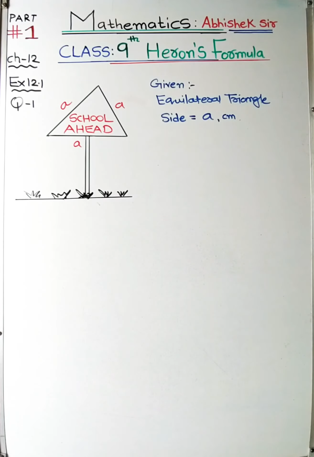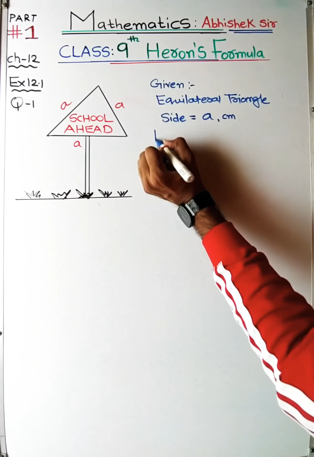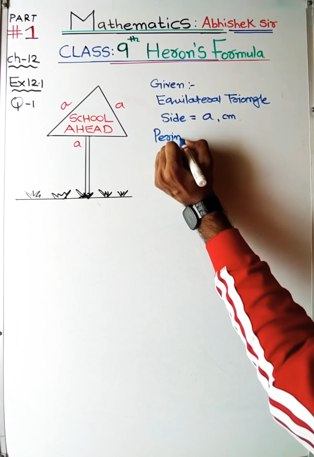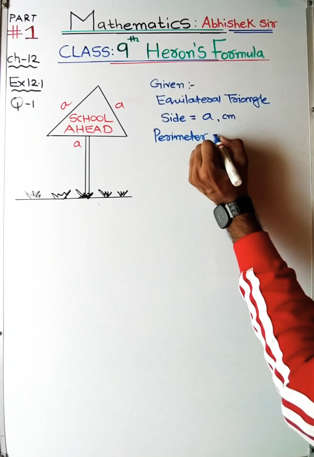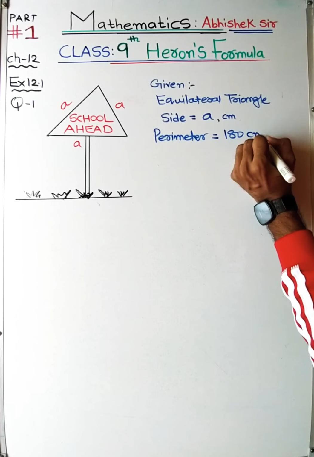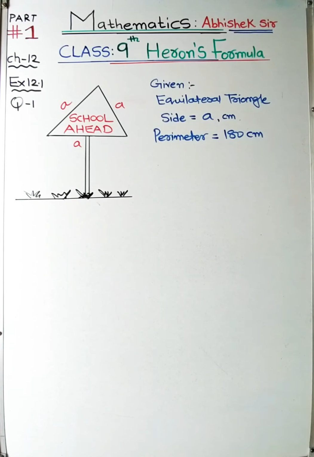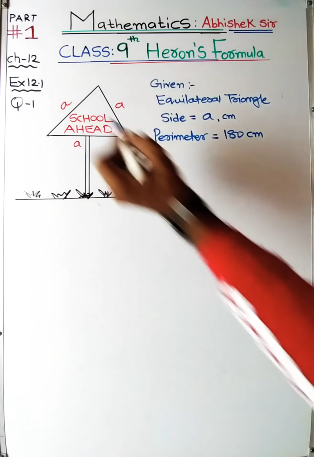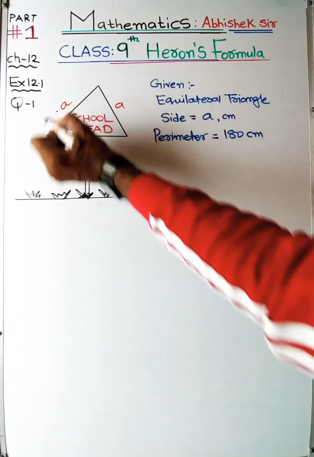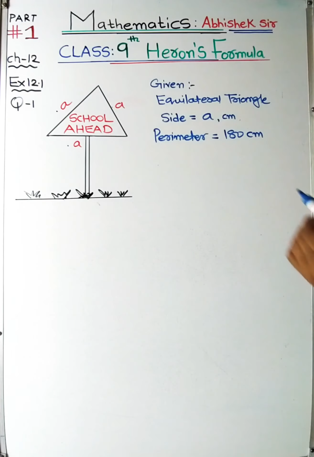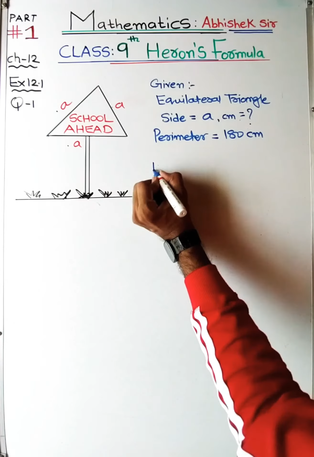Now only one value is given, that is the perimeter, 180 centimeter. So how do we go for the area, right? For area we need to find out all these three sides, 1, 2 and 3. So first of all we need to know what a is, then we will find the semi-perimeter, and then we'll go for the area.